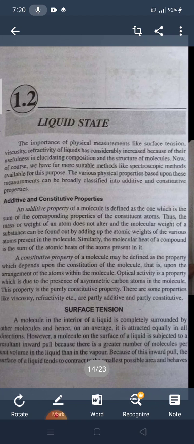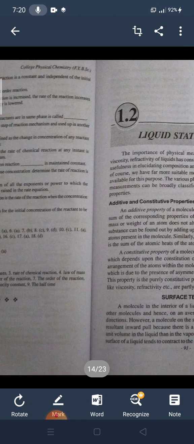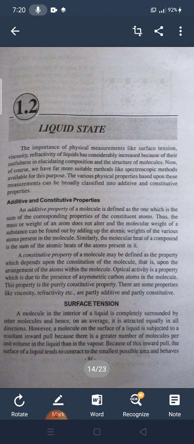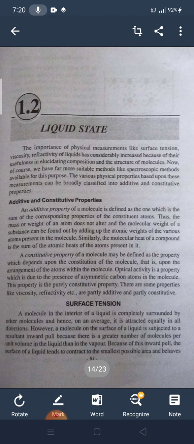Here you have been given molecular heat. Then there are some properties like viscosity, refractivity, etc. which are partly additive and partly constitutive.